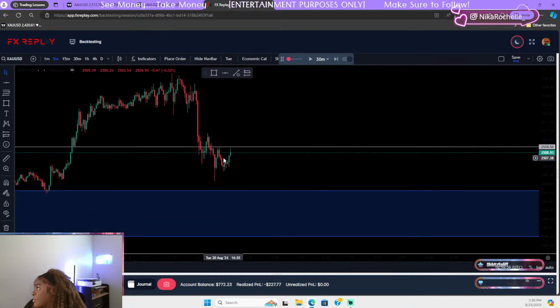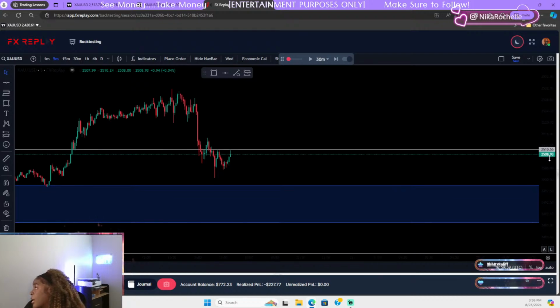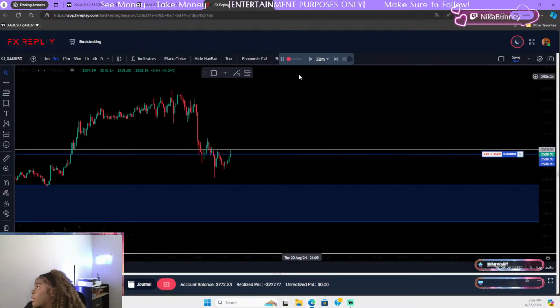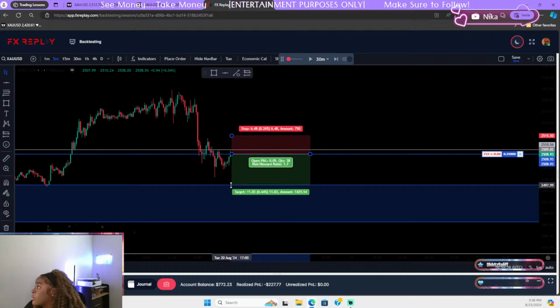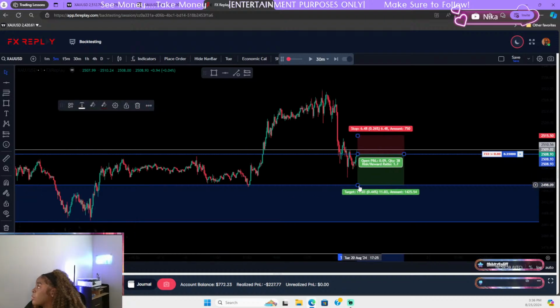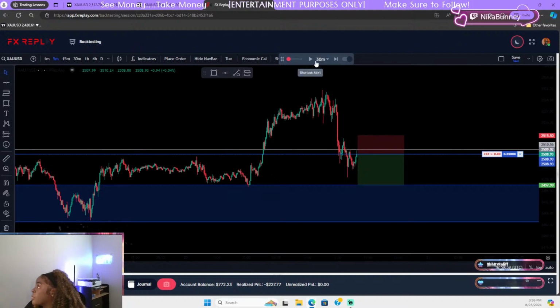So just to show y'all, I would enter a sell right here because it broke it, retest under. But I would do a tight stop loss because it could go back up here and then drop down. So my lot size, I use 35 like twice. And then I'll do a stop loss right here. And then I'll press play.